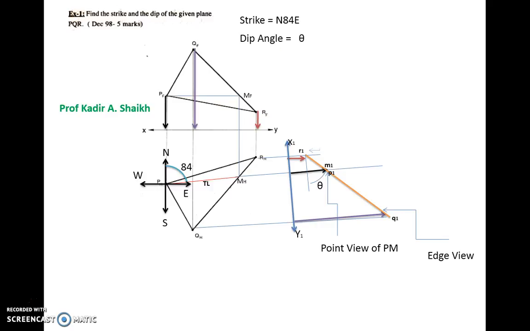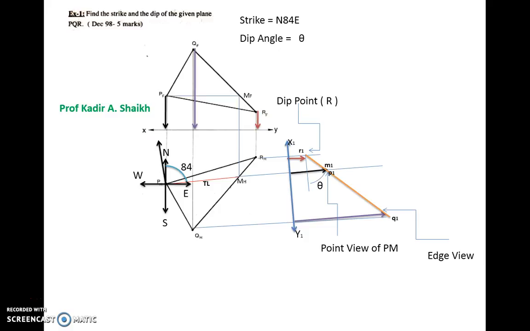Now the dip angle we have measured is theta. So R1 will be the nearest point to x1 y1 or to a reference line. So R will be the dip point or the nearest point. So the nearest point will dip first to the horizontal.